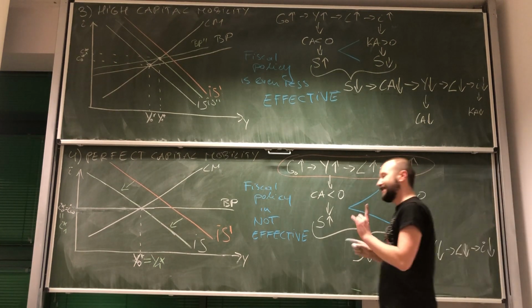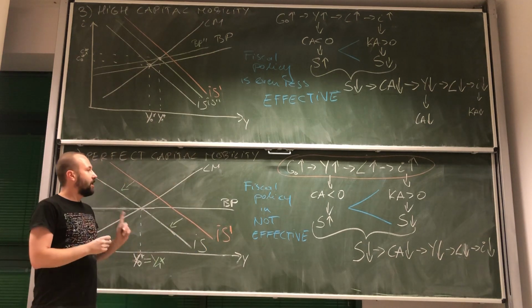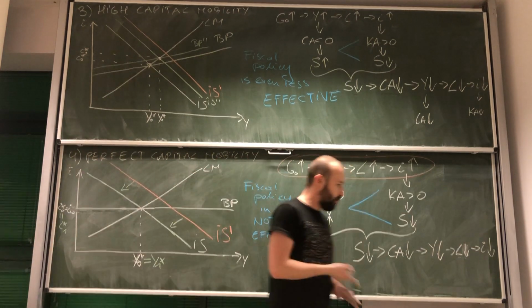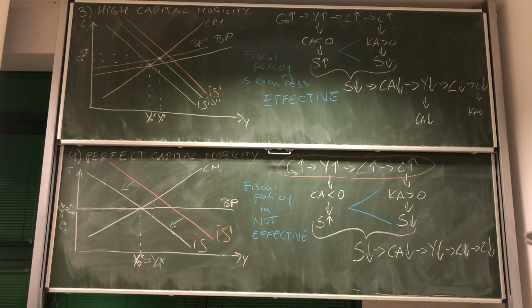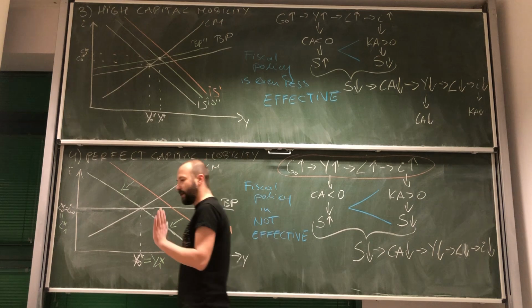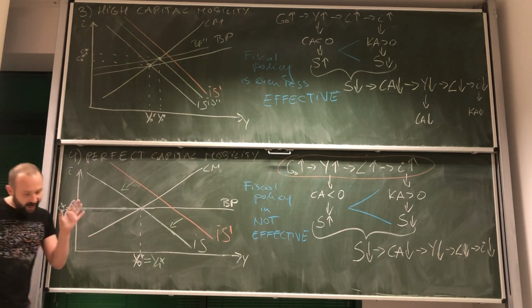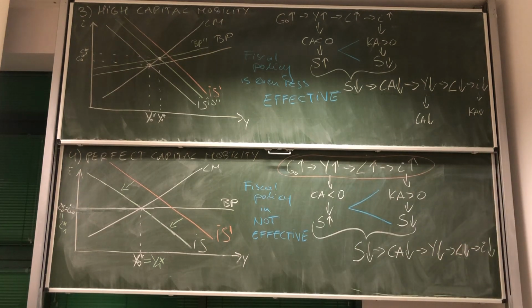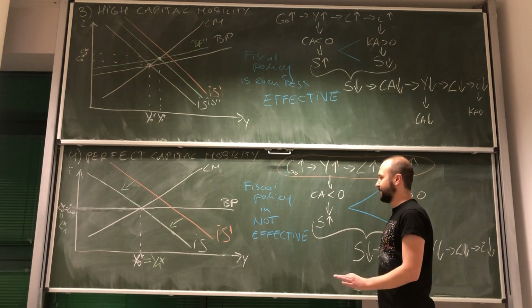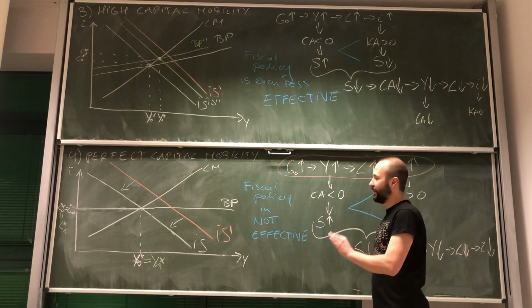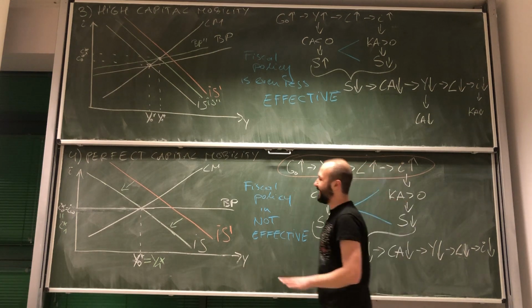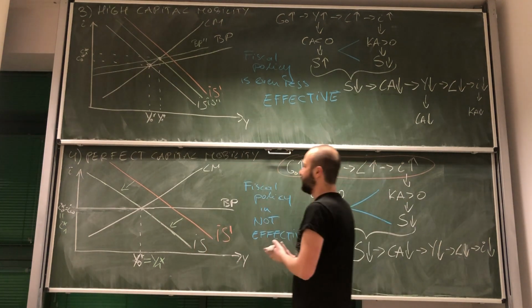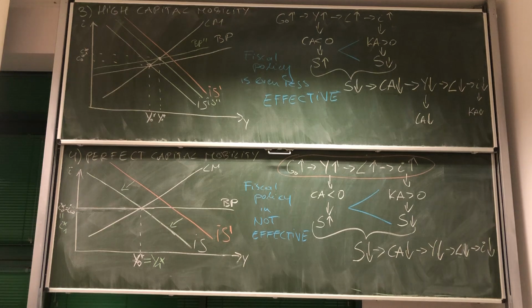Well, first is that effectiveness of fiscal policy under flexible exchange rate is conditioned upon the degree of capital mobility. The higher the capital mobility, the less effective the fiscal policy is. With perfect capital mobility, fiscal policy is completely ineffective, which means that it has no impact on GDP in the short run whatsoever.